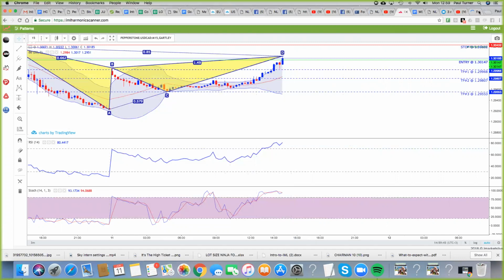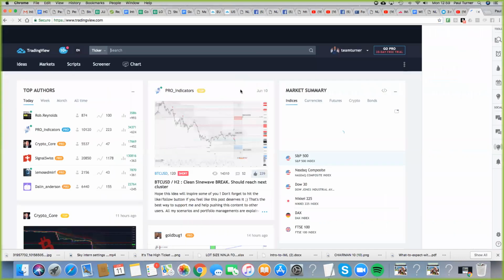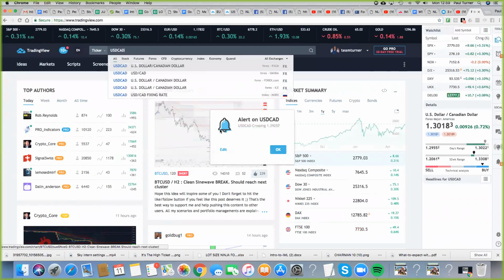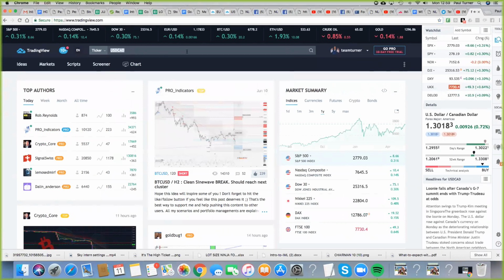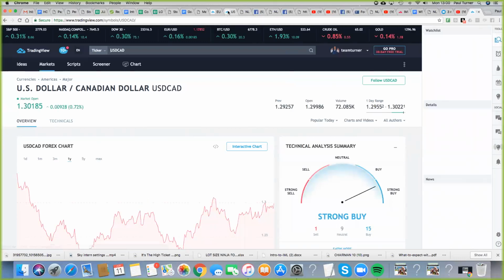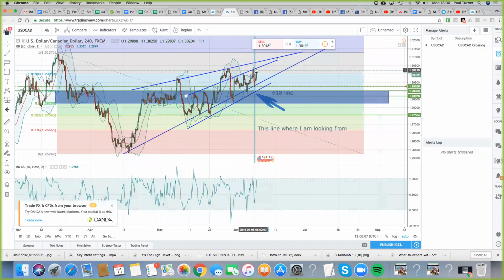So this is USD CAD. I've already got a couple of charts open in this. You see, I'm actually looking at something on here as we stand.